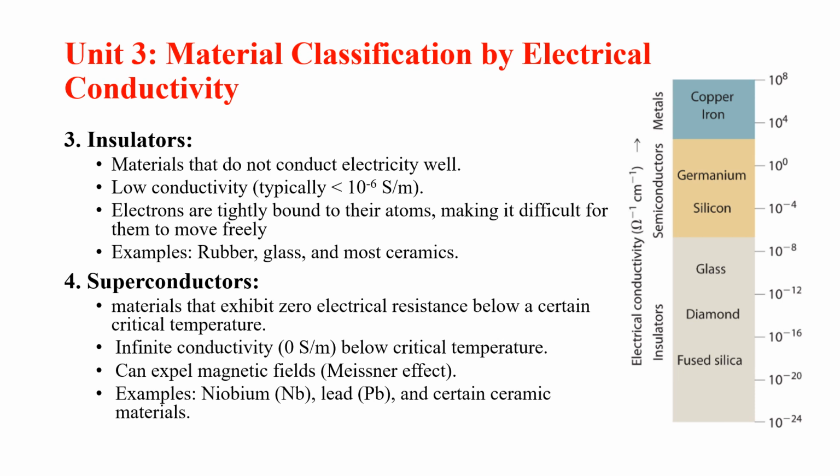The superconducting temperature of another superconducting material, lead, is approximately 7.2 Kelvin, which is close to minus 265.95 degrees centigrade. Below this temperature, lead exhibits superconductivity.